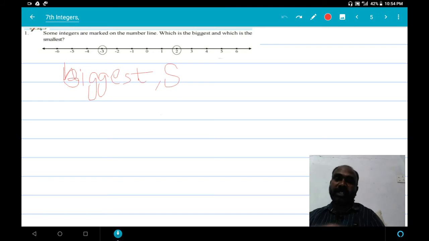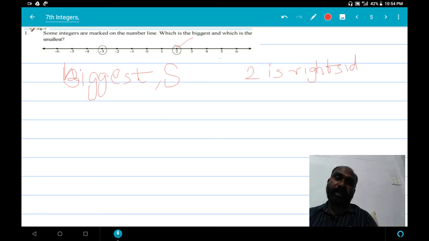From this, which is right side? 2 is right side. Comparing with -3, right side is always bigger than left side. Comparing on number line, so here 2 is the bigger and -3 is smaller.